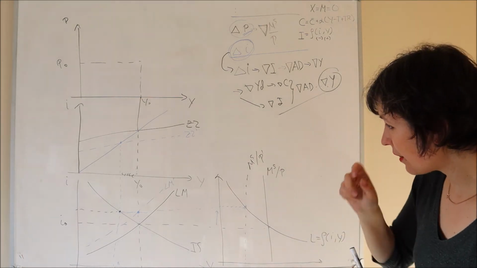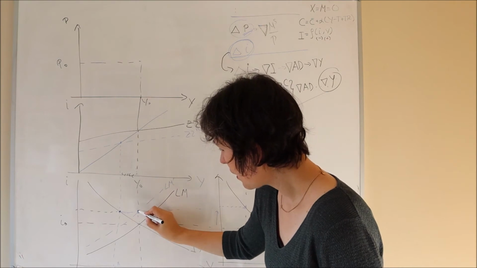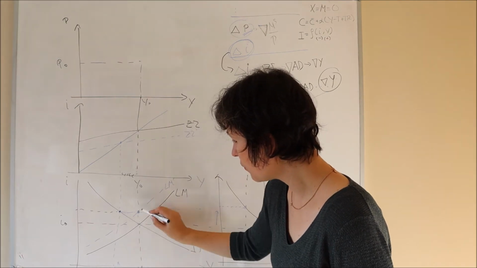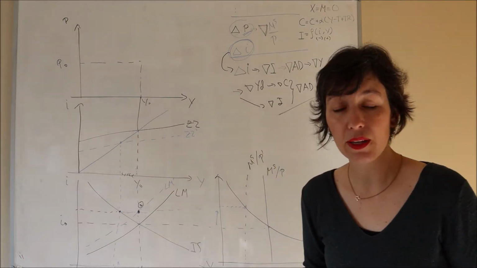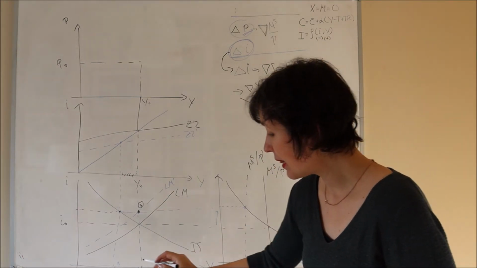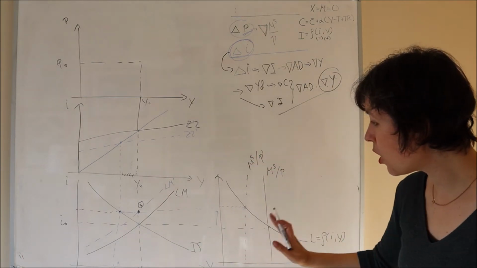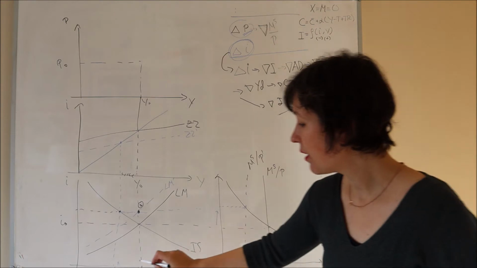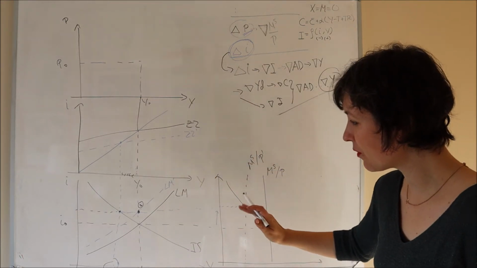In fact, if this was the initial level of production, we know that the first point was this one, right? A new interest rate. But because the new level of production is smaller, we should expect a smaller demand for money.